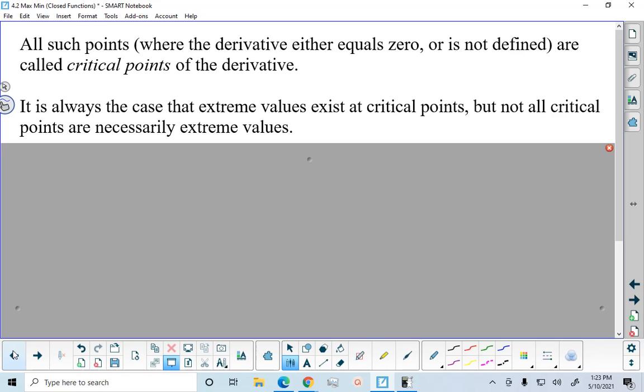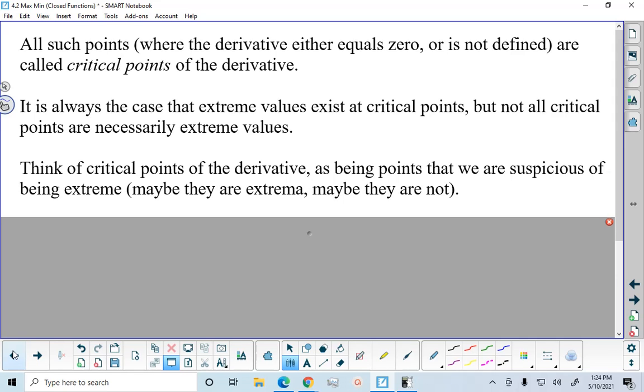So if there's a maximum point, at that point, the derivative is either equal to 0 or it's not defined. But just because a point has no defined derivative or a derivative equal to 0 doesn't mean it is a maximum or a minimum.